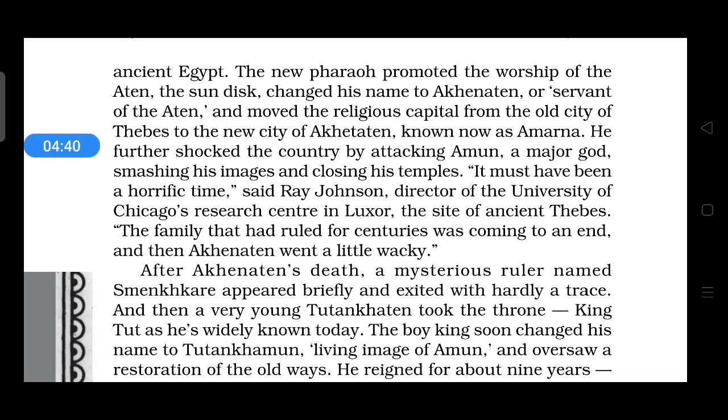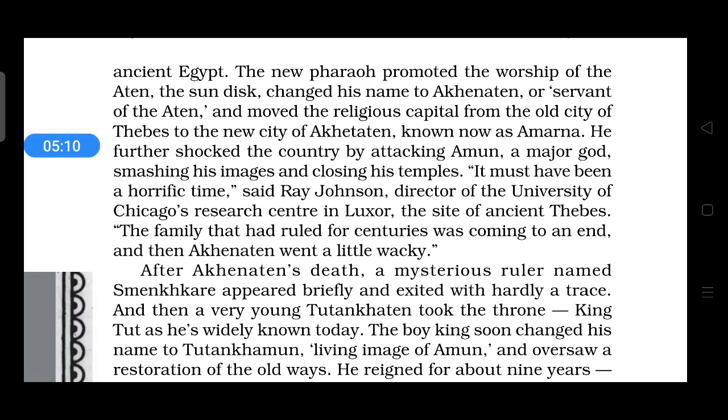He changed his name from Amenhotep IV to Akhenaten, and he also moved the capital city to this new one, known now as Amarna. He further shocked the country by attacking Amun, a major god, smashing his images and closing his temples. So, another shock he gave to the people.